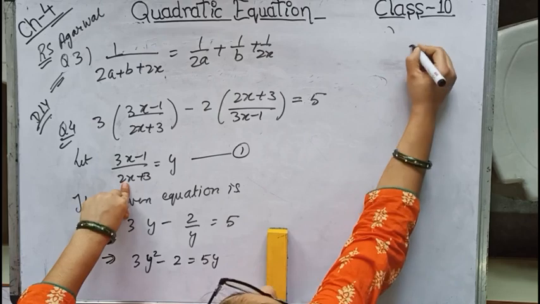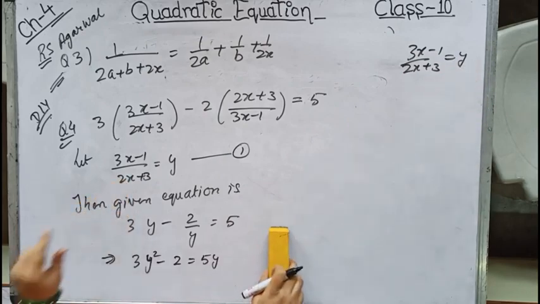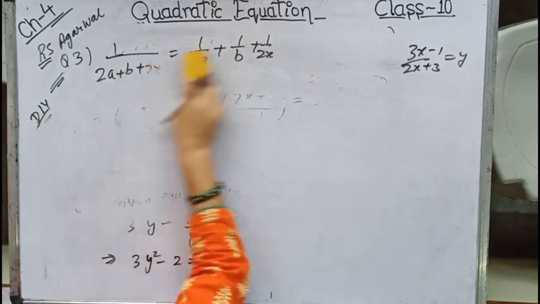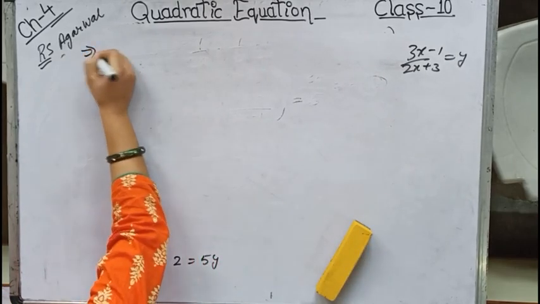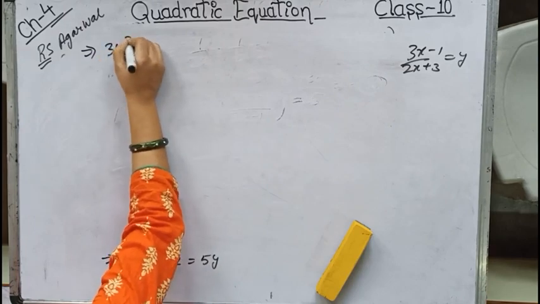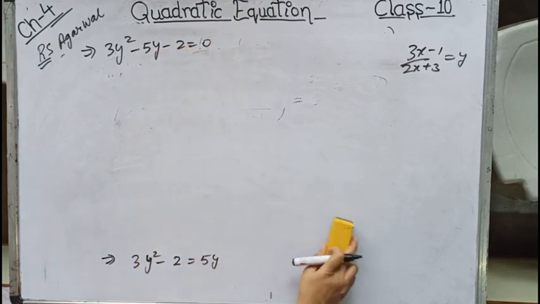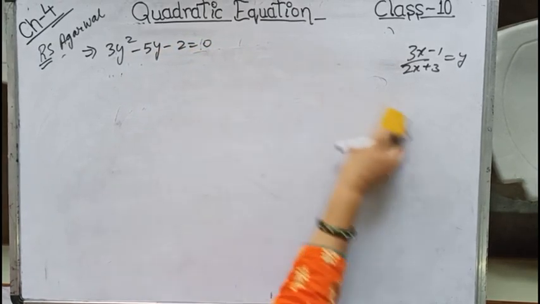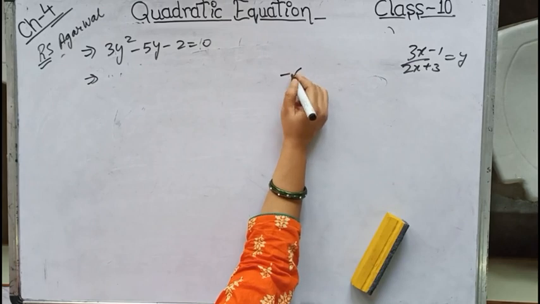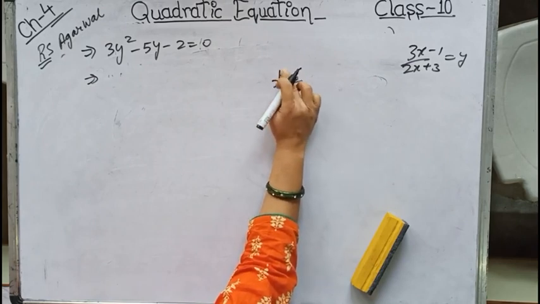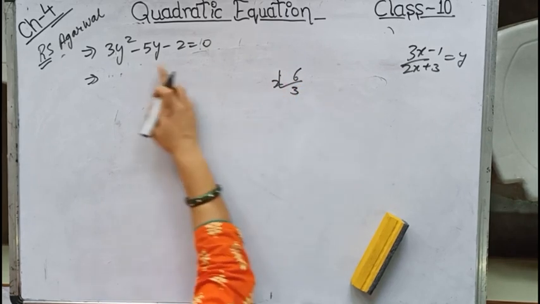I am rubbing and writing this supposition over here. This implies 3y square minus 5y minus 2 equals 0. So 3 times 2 is 6, and we need factors of 6 arranged so that the product is minus 6 and the sum is minus 5.